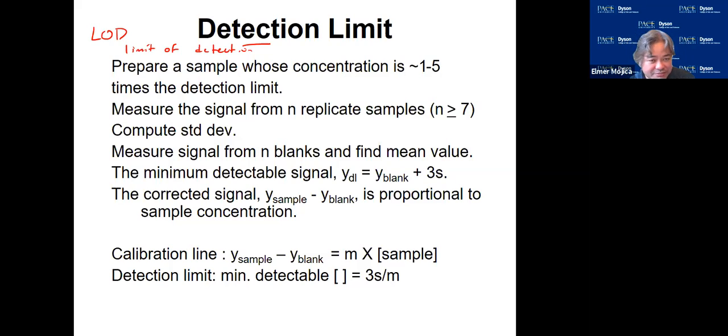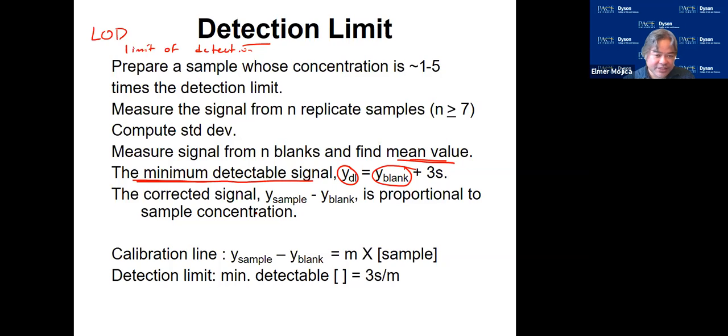They said more than 7. And then you compute the standard deviation. From that, you measure the signal from a number of blanks and find the mean value. And you can put here the minimum detectable signal, where the detection limit signal equals the signal for the blank plus 3s.